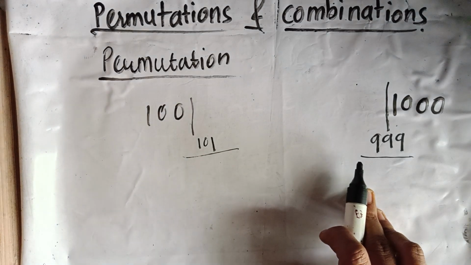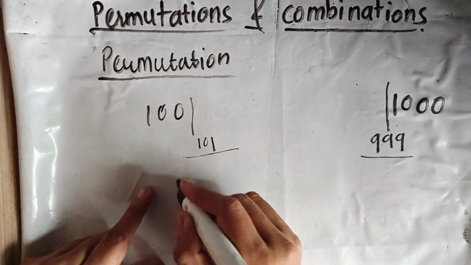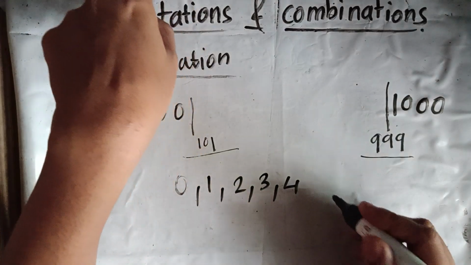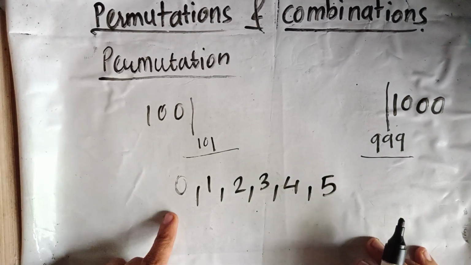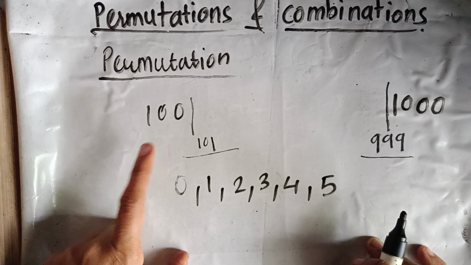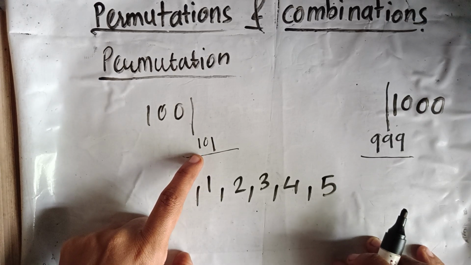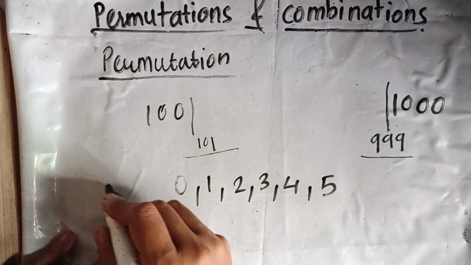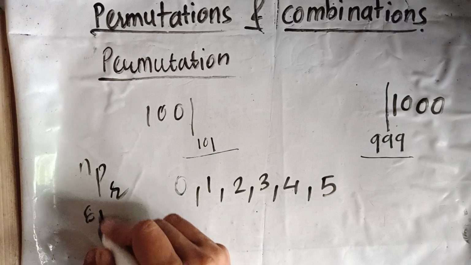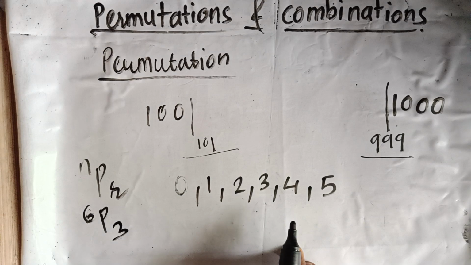The digits which are given are 0, 1, 2, 3, 4 and 5. So 6 digits are available and we have to make use of 3 digits. Repetition is not allowed, so here we have to make use of nPr. So this will be 6P3.